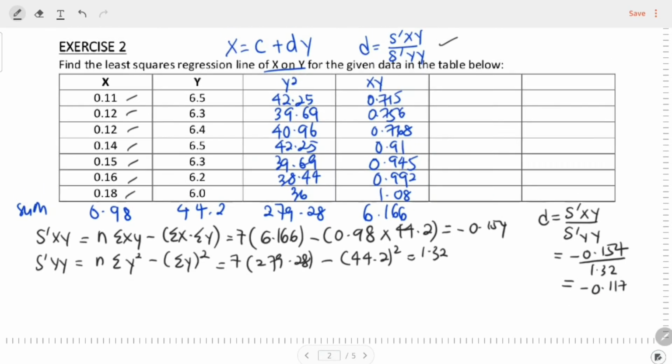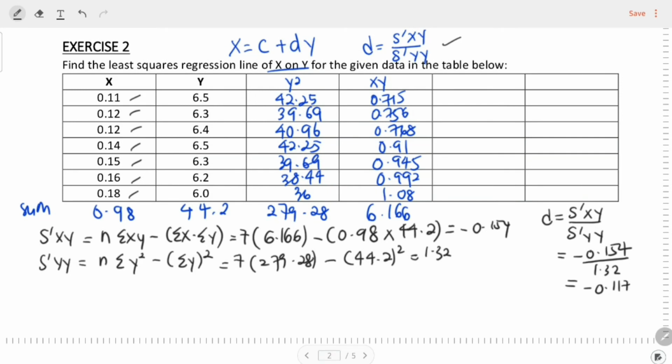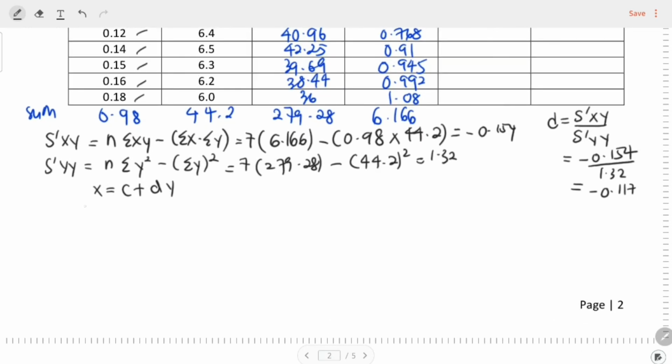Okay, then we're going to find what our c is. So x equals c plus dy. So your c is simply x̄ minus d ȳ. So mean x is sum of x divided by the number of samples, which is 7, minus, okay, your d is negative.